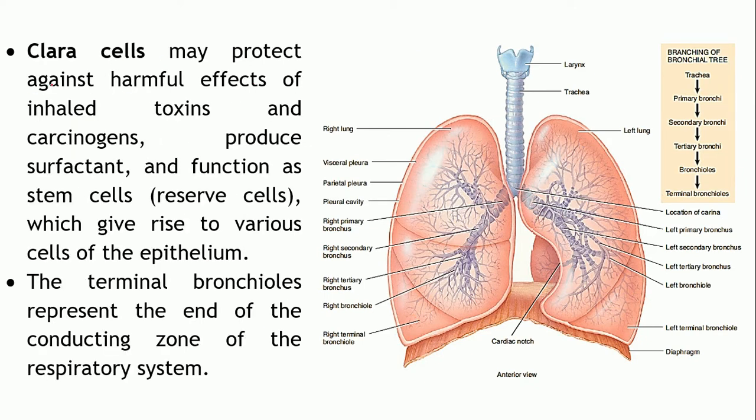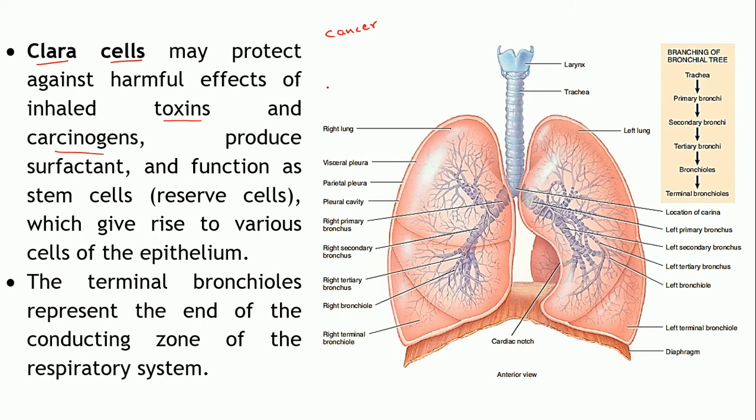Now what is the role of these Clara cells? They have a protective function. They protect the respiratory system from inhaled toxins and carcinogens. What are carcinogens? These are substances which can cause cancer, lung cancer.